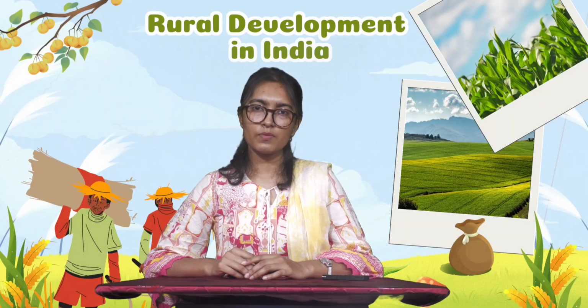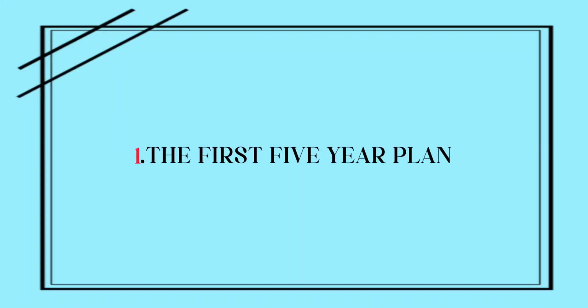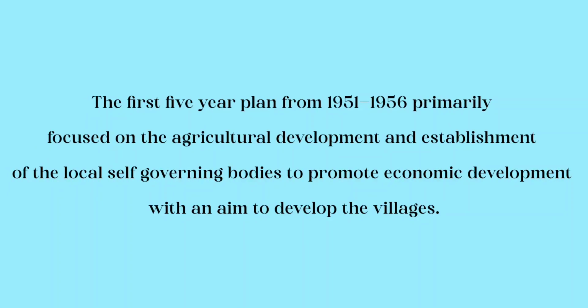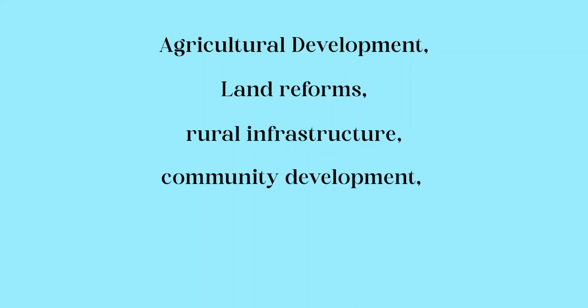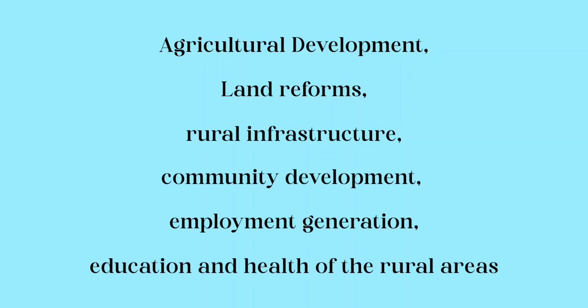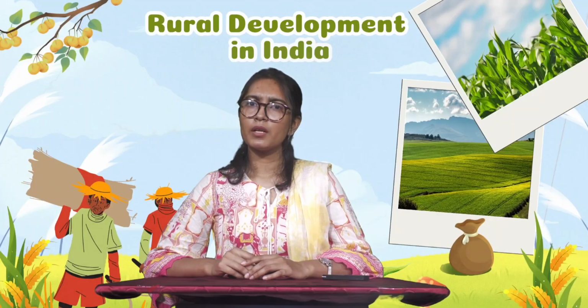The key initiatives undertaken by the government were the first five-year plan. The first five-year plan from 1951 to 1956 primarily focused on agricultural development and establishment of the local self-governing bodies to promote economic development with an aim to develop the villages. Agricultural development, land reforms, rural infrastructure, community development, employment generation, education, and health of the rural areas were some of the focuses of the first 5-year plan for rural reconstruction.